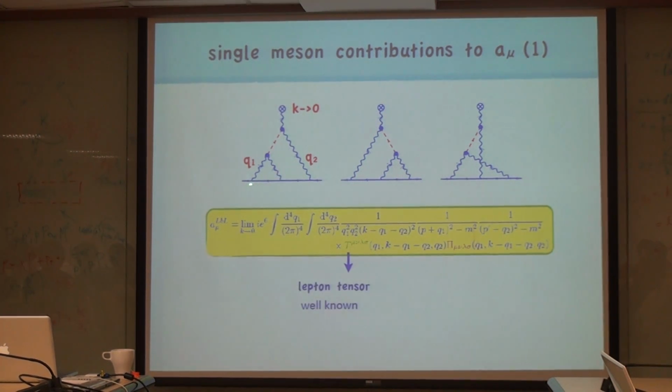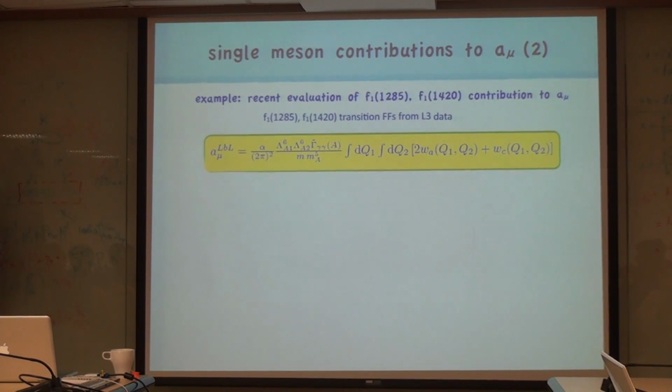This is just the coupling of 3 photons to a muon, and then everything else is sitting here in a hadronic tensor. And this hadronic tensor is a 4-point function. So this requires the input of 2 virtual photons going into this mesonic state, and here a real photon and a virtual photon going into this mesonic state. So these involve these meson transition form factors.